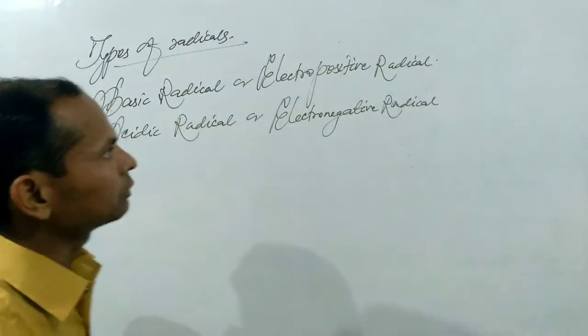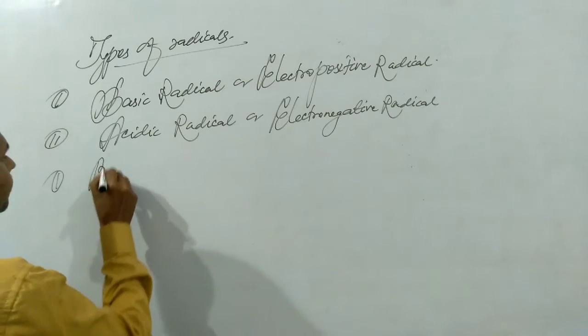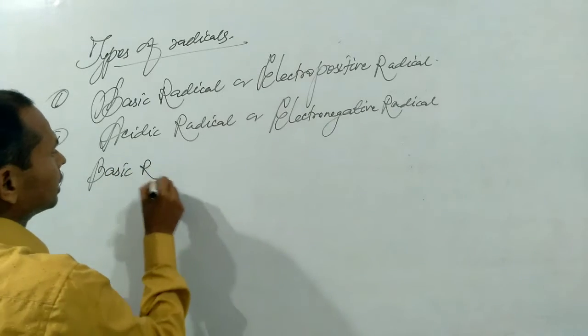So we can write the definitions of acidic radical and basic radical. First is basic radical.